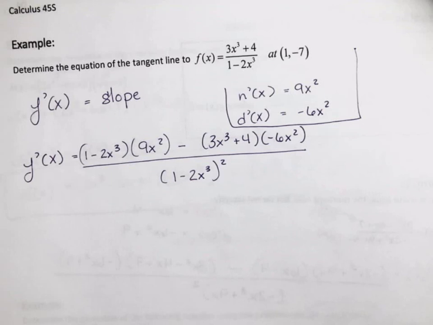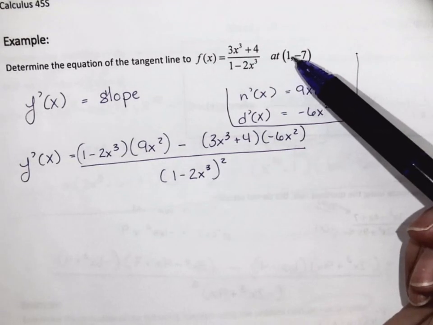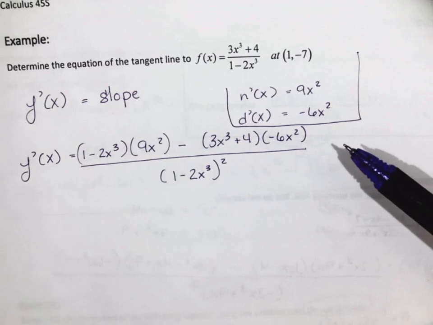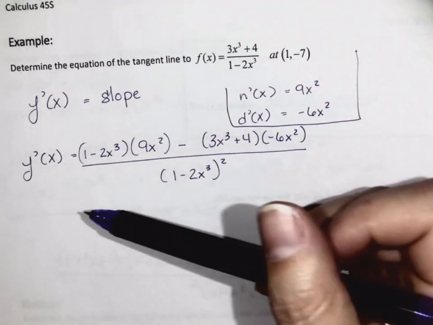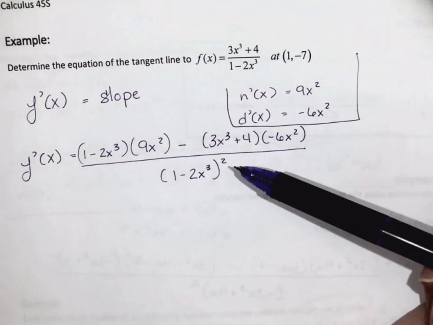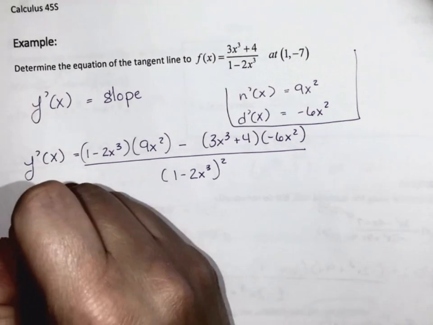Now, we could do a couple of things here. That's technically the equation for the slope. We could go ahead and simplify it to get it nicer. It depends on how confident you are with your multiplying and your substitution. This question is really nice because the x is 1, so substitution should be fairly easy. So we could sub directly into here, or we could simplify.